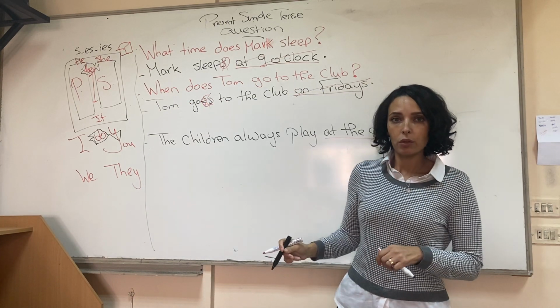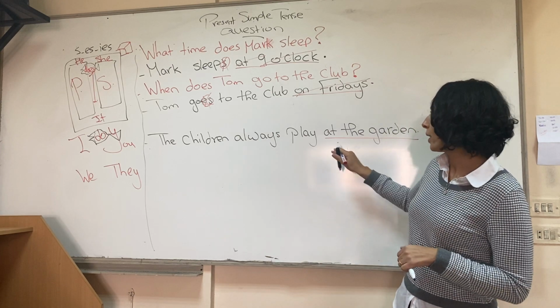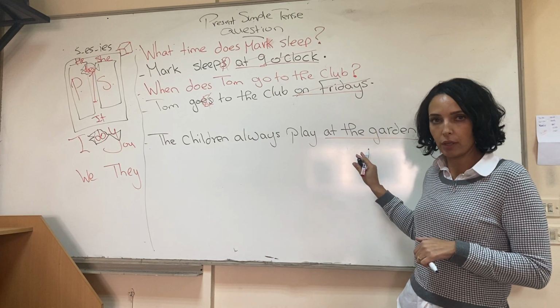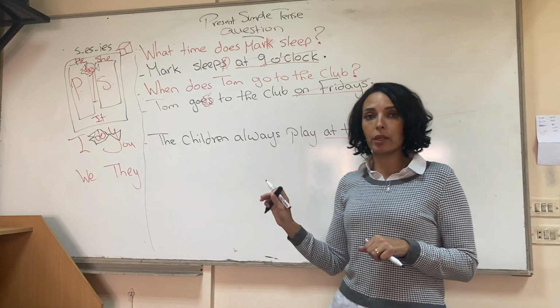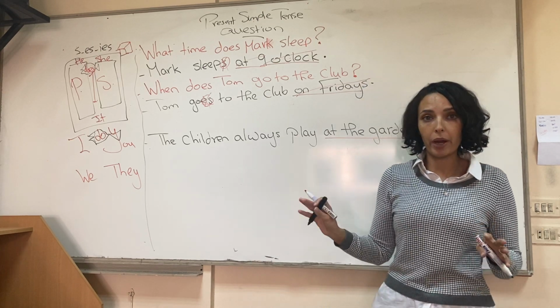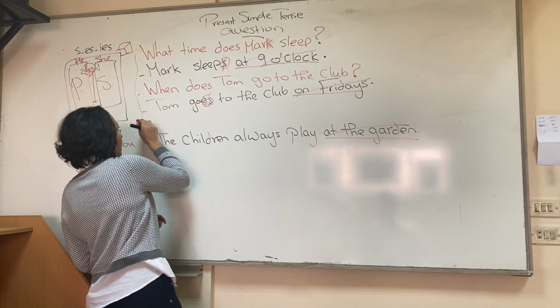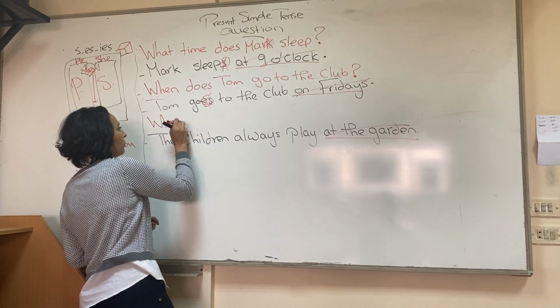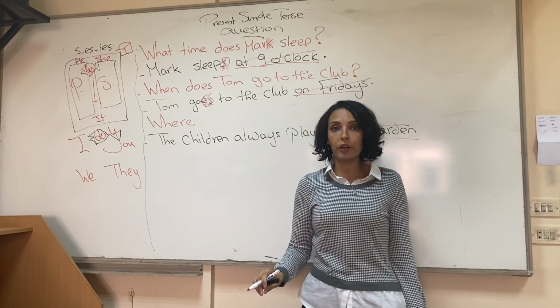The children always play at the garden. I want to ask about at the garden. This is a place. Which question word do I use to ask about places? Where. So I will cross it and write where. And then my fish. Let's look at the verb.